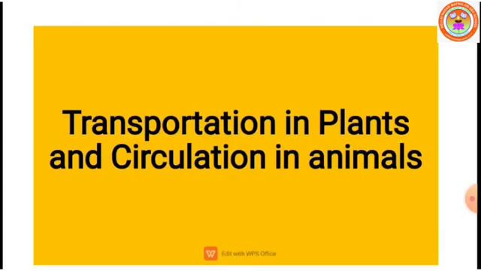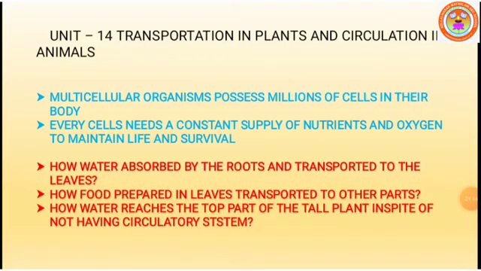Transportation in plants and circulation in animals. Students, a multicellular organism possesses millions of cells in its body. We know that every cell needs a constant supply of essential substances such as nutrients and oxygen to maintain life and survival.